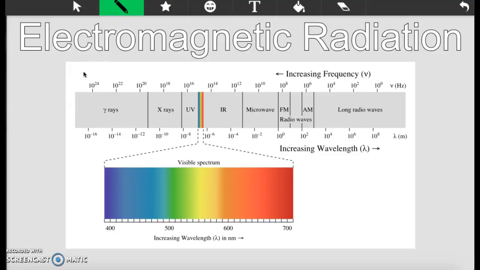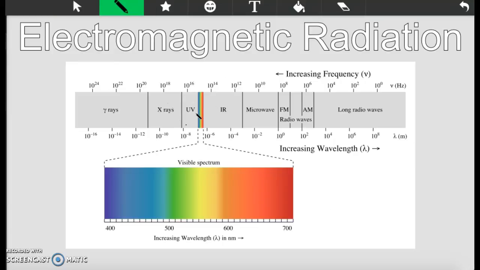So over here you have high frequency, very low wavelength. And over here we have again high frequency, low wavelength. And then over here we have very high wavelength, but very low frequency. That's an inverse proportion. As one goes up, the other goes down.